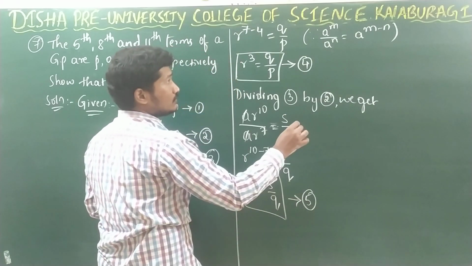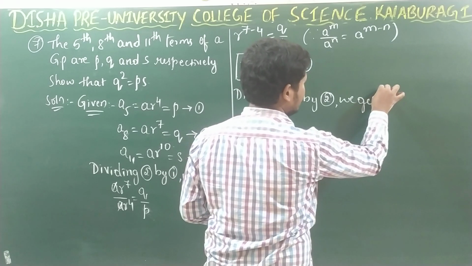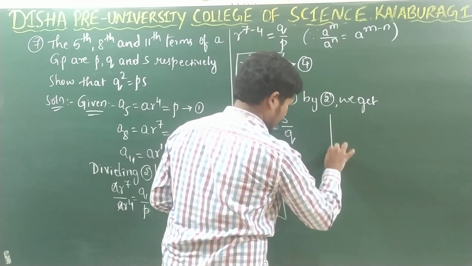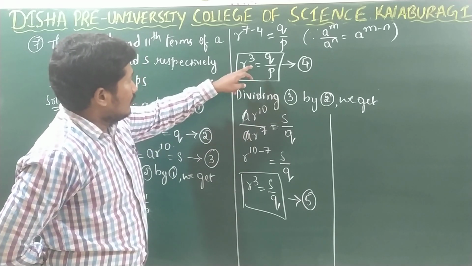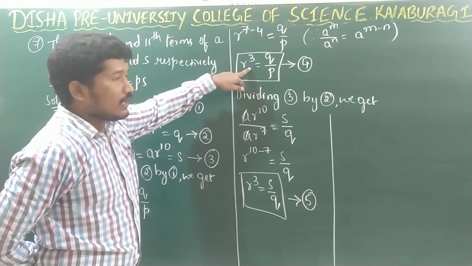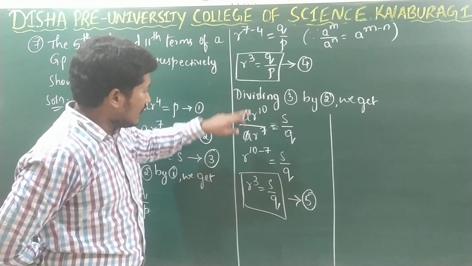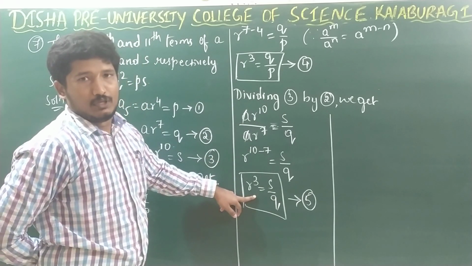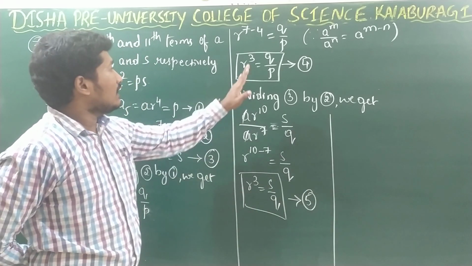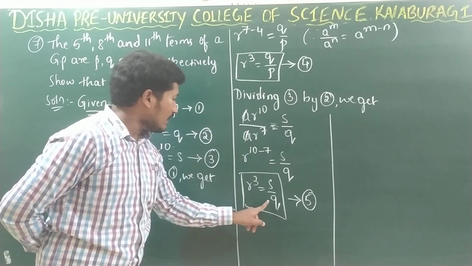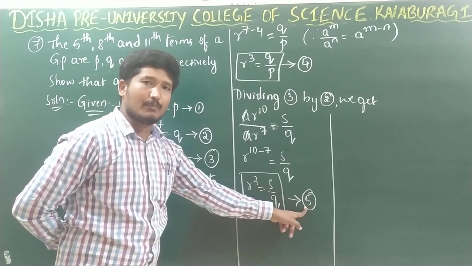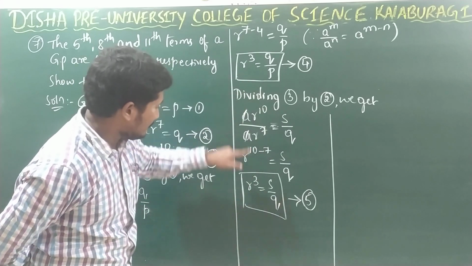Now see here, in equation number 4 and equation number 5, you just observe that the left hand side of equation 4 and the left hand side of equation 5 are the same.